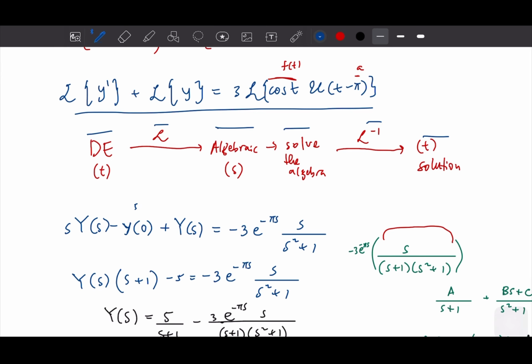The other sections aside from this, yeah, I think the derivative of transform, but I think maybe we are going to skip that. Okay? And we go directly to Dirac delta. Okay?